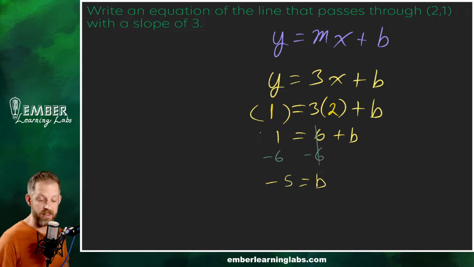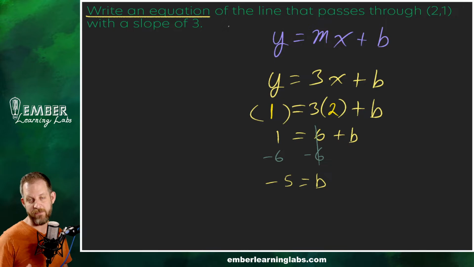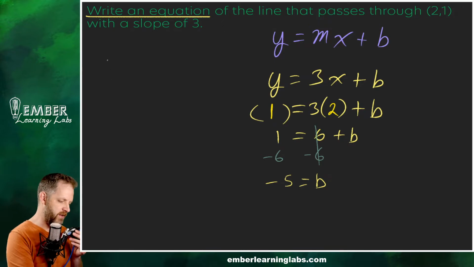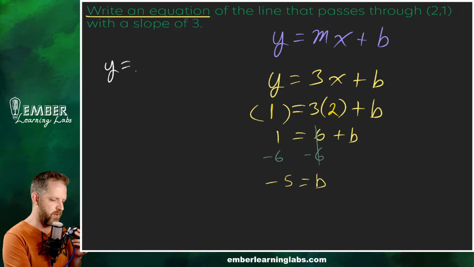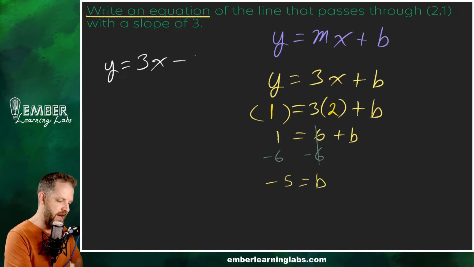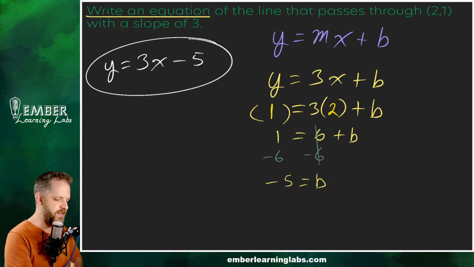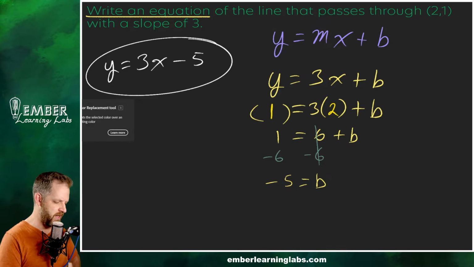We subtract and take the sign of the bigger one. So that's b. We're not quite finished because we want to write an equation. An easy mistake to make is forgetting that last step and forgetting to write down the final equation. So our equation is y equals, our m is 3, so 3x, and our b we just discovered is negative 5. That is the equation of this line.